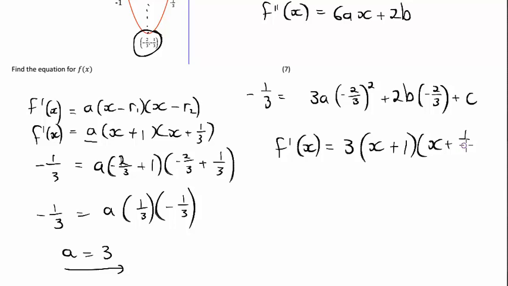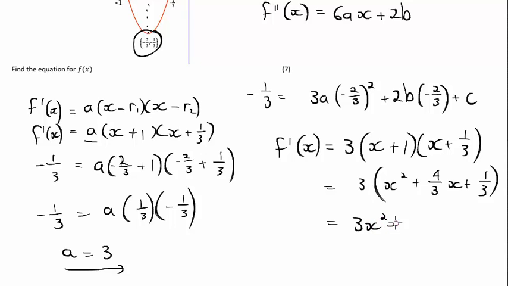x plus a third. So if I multiply it out, I get x squared plus, this is 1 plus a third, so it's 4/3 x plus a third, and everything must be multiplied with 3. So I get 3x squared plus 4x plus 1.